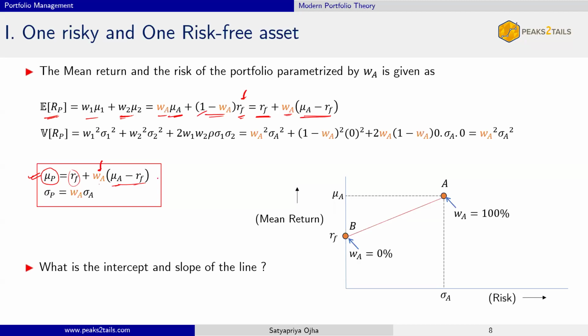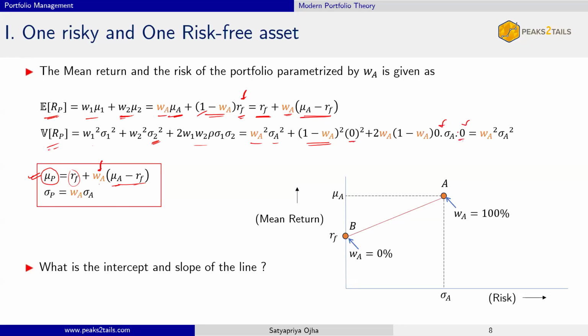Now variance. Standard formula, you get WA squared sigma A squared plus (1 minus WA) squared times the sigma of the risk-free asset, which is 0. Correct? So this is 0. The second term is also 0 because the correlation is 0 and sigma B is also 0.